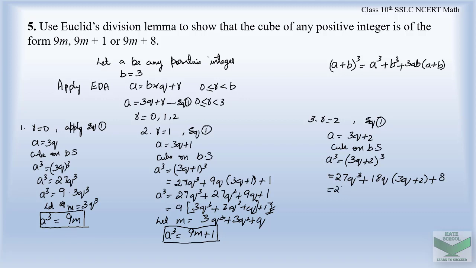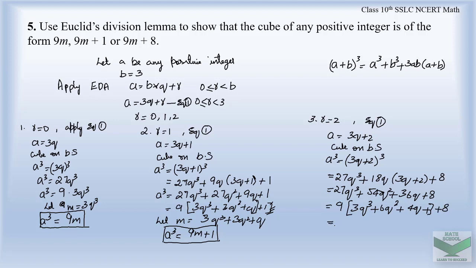Therefore again let us open the bracket. 27q cube plus 18q into 3q is 54q square plus 18 into 2 is 36q plus 8. So now let us take again 9 common. If you take 9 common, you get 3q cube plus 6q square, because 9 6s are 54, and 4q here because 9 4s are 36, plus 8.